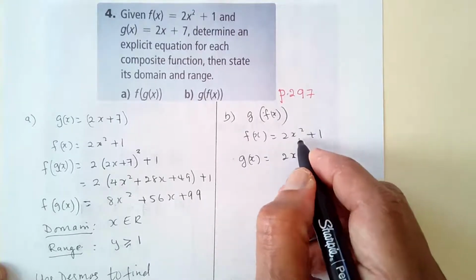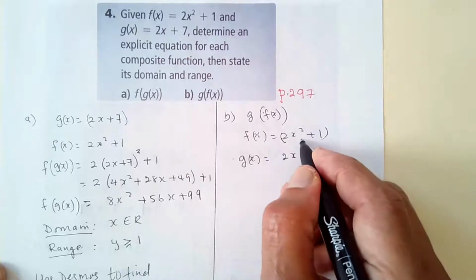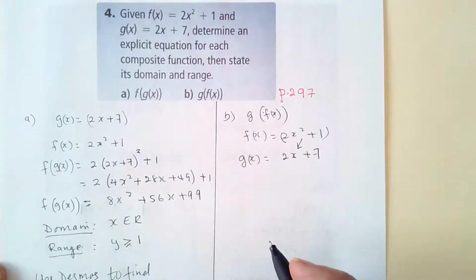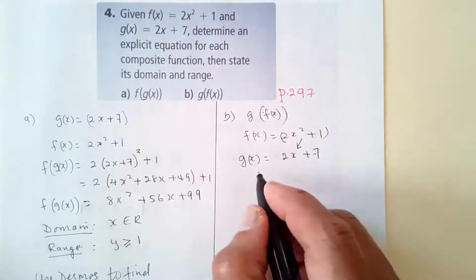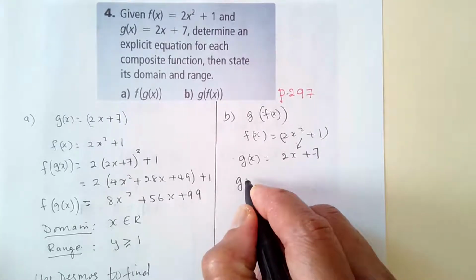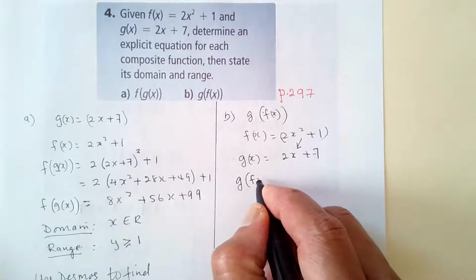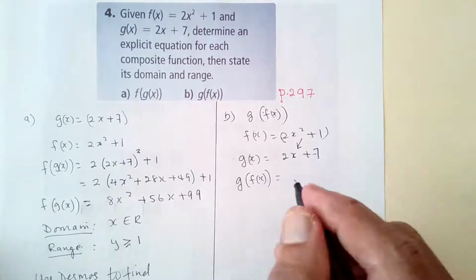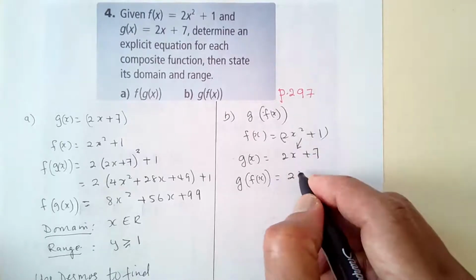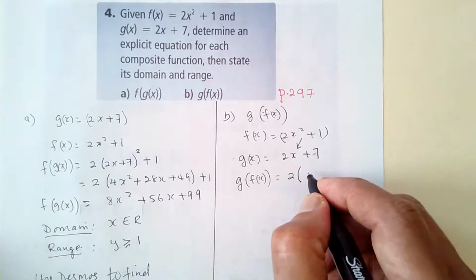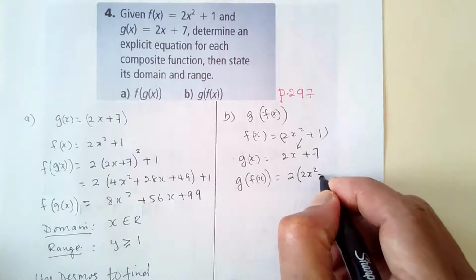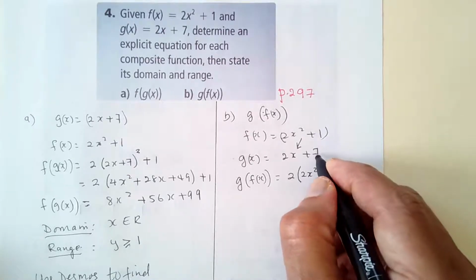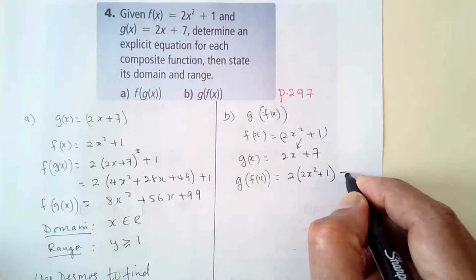So wherever x is, we'll substitute 2x squared plus 1. So g of f of x is equal to 2, and I open bracket, 2x squared plus 1, plus 7.